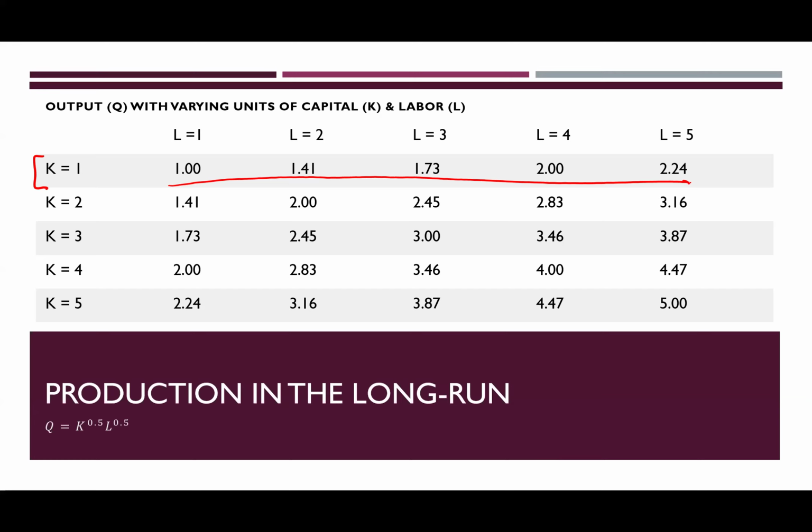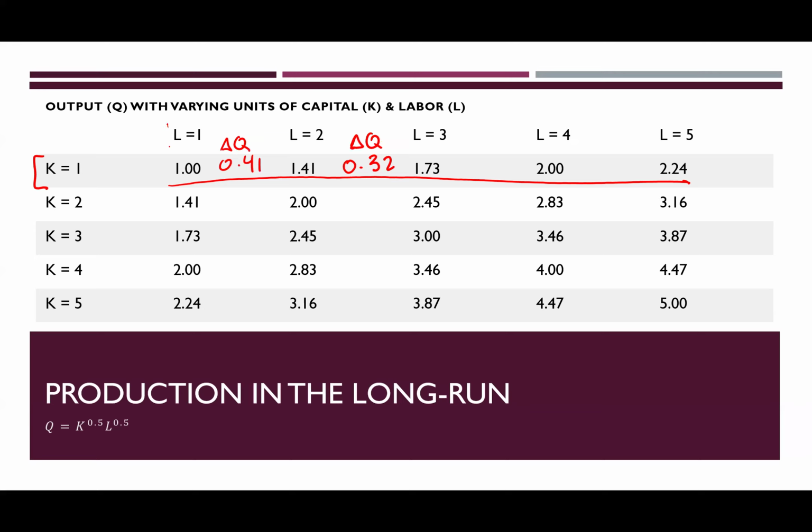If we go from 1 worker to 2 workers, right, we're going to have a jump in output of 0.41, that is delta Q. If we have a jump from 2 workers to 3 workers, right now our jump in output is going to be a little less. So that is 0.32 for delta Q, and that'll be so on, right? So we see again that diminishing marginal product of labor.